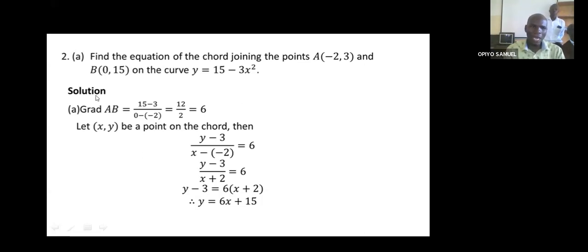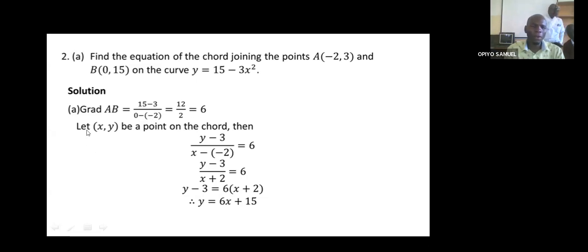But now here they've given us 2 points, so it is from the 2 points that we can determine the gradient, which is given as change in y over change in x. So we have the gradient of AB being 15 minus 3 over 0 minus -2, and we get 6.